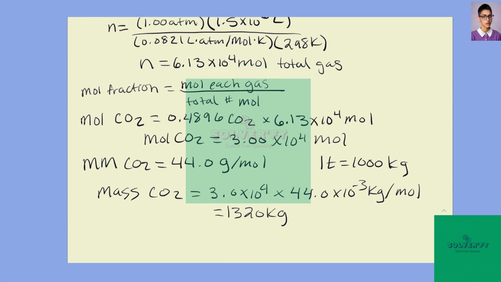So to get this mass into tons, we're just going to divide this by 1,000 kilograms per ton.